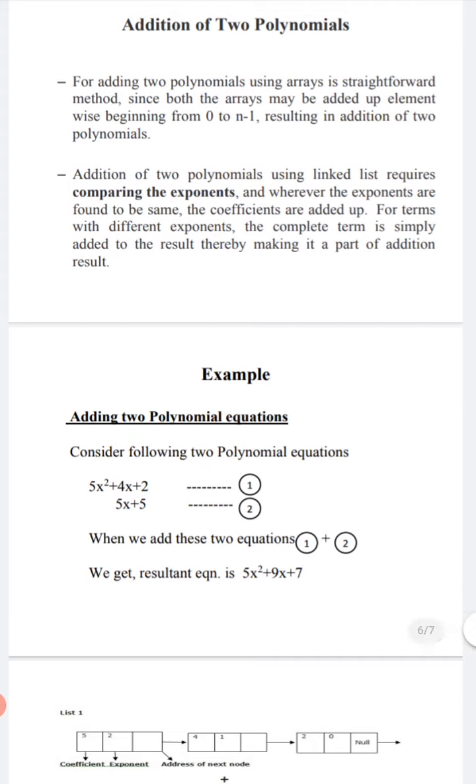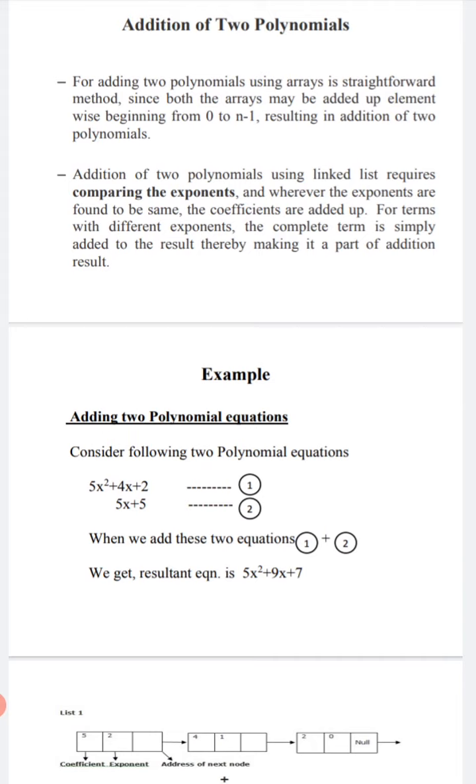Adding two polynomials. How can we add two polynomial equations? Adding two polynomials using an array is a straightforward method. We already discussed the addition of two polynomials using arrays in the first unit. Here, adding two polynomials using a linked list requires comparing the exponents, because only if the exponents are the same are the coefficients added.